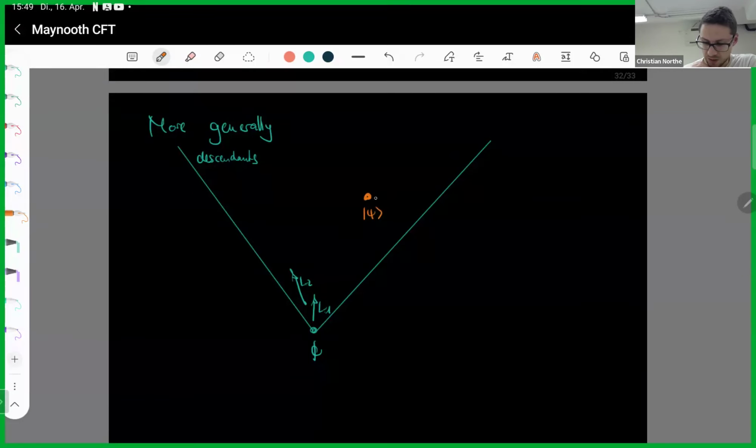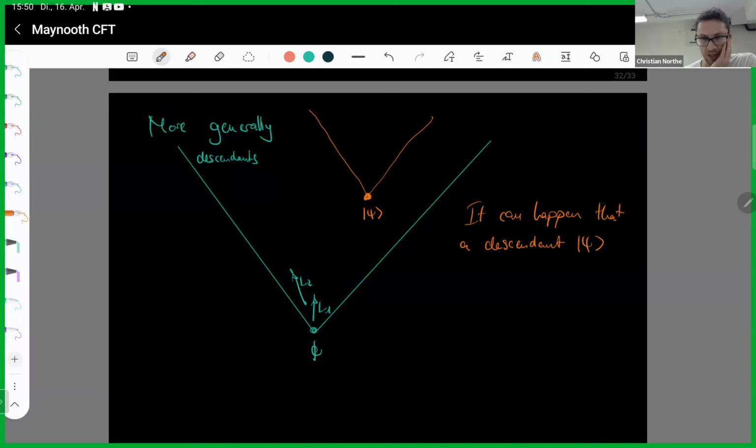This is going to be some descendant of phi. And on top of it, I can again act with Virasoro modes. But it can happen in general that a descendant, and in this case it's psi, is once again primary.